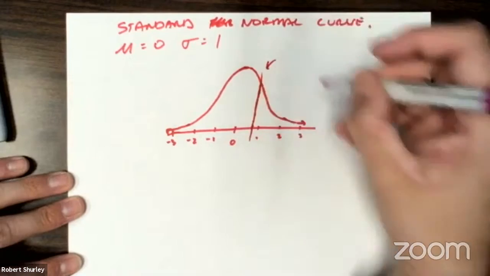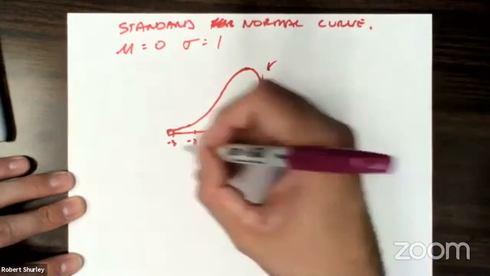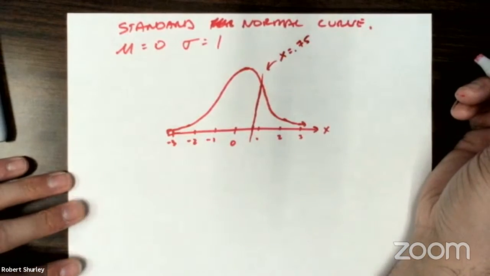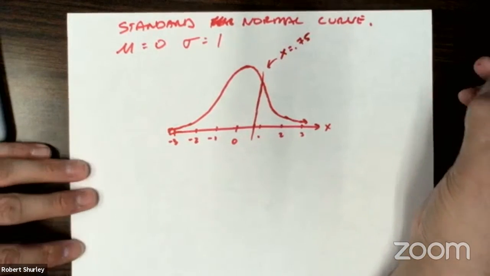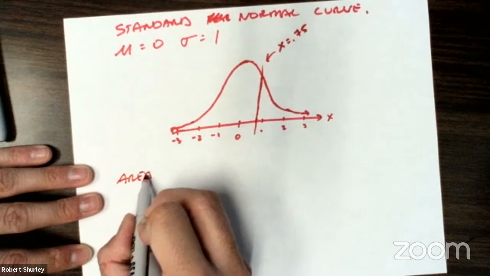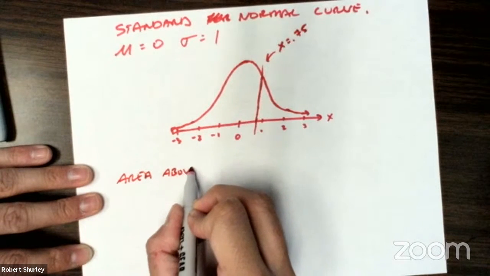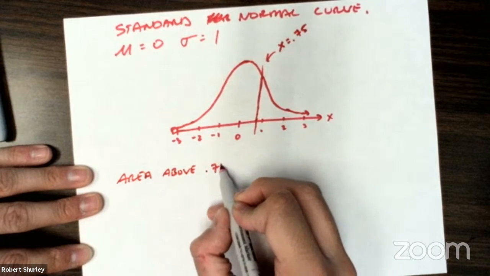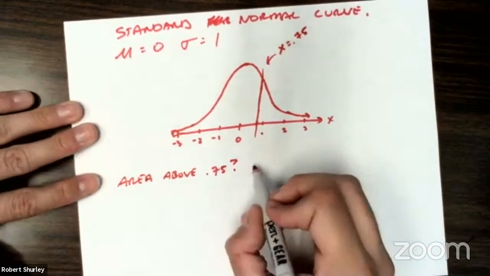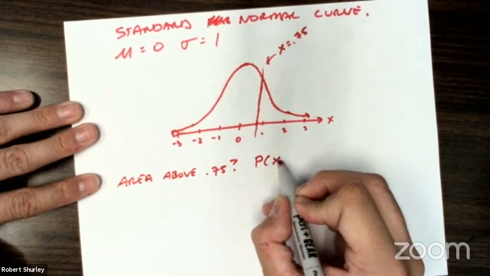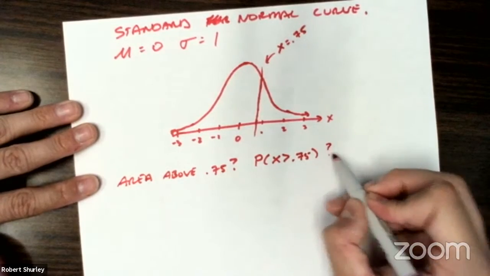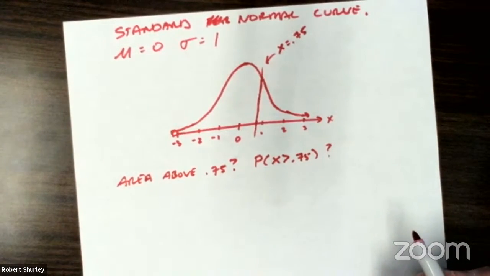These are x values. Typically, we use these as x values. So x equals 0.75. And you're like, I wonder what the area above 0.75 is. Okay? Now, we can write this as the probability above 0.75. There's nothing wrong with that. 2 different ways to write it.